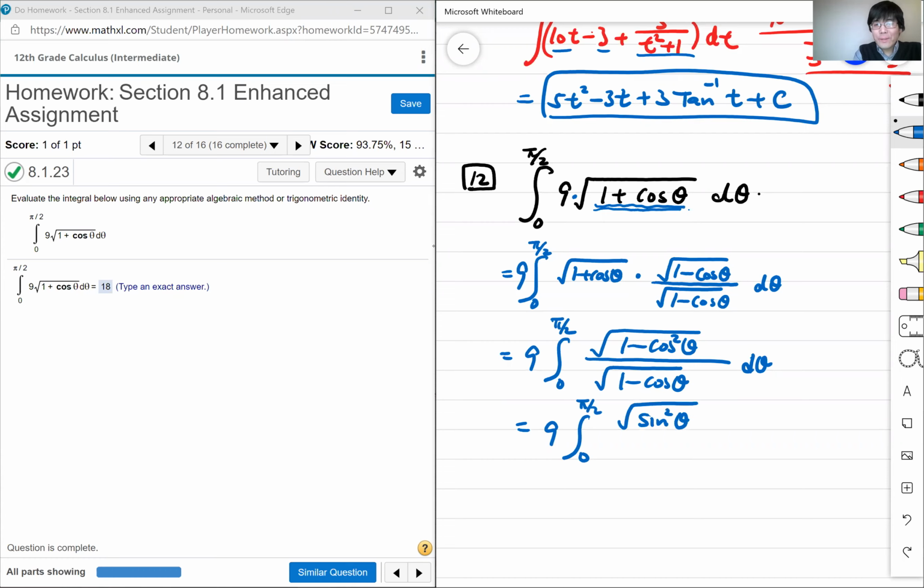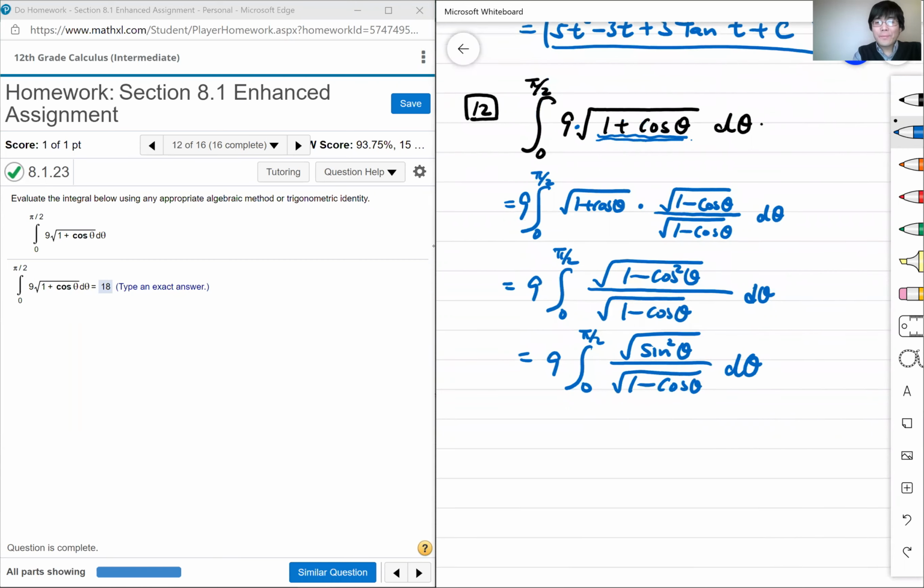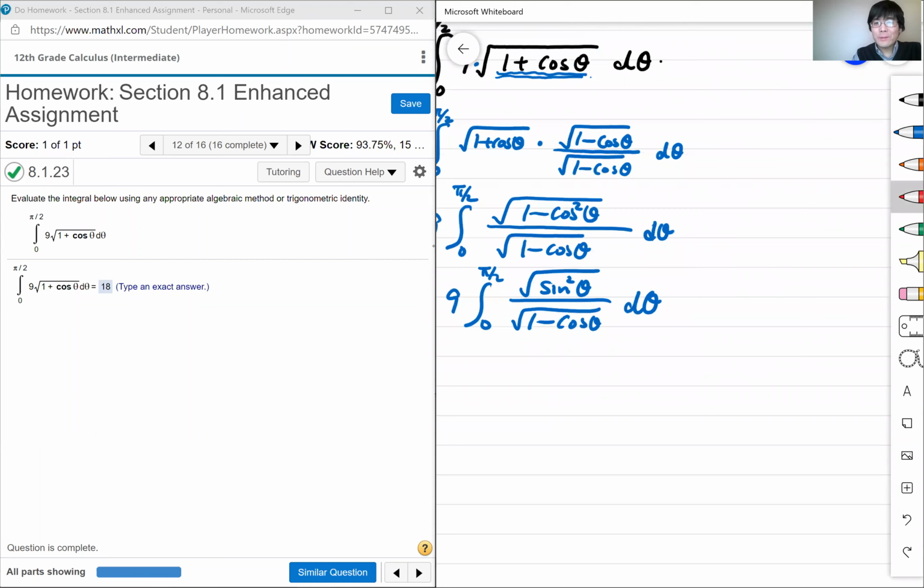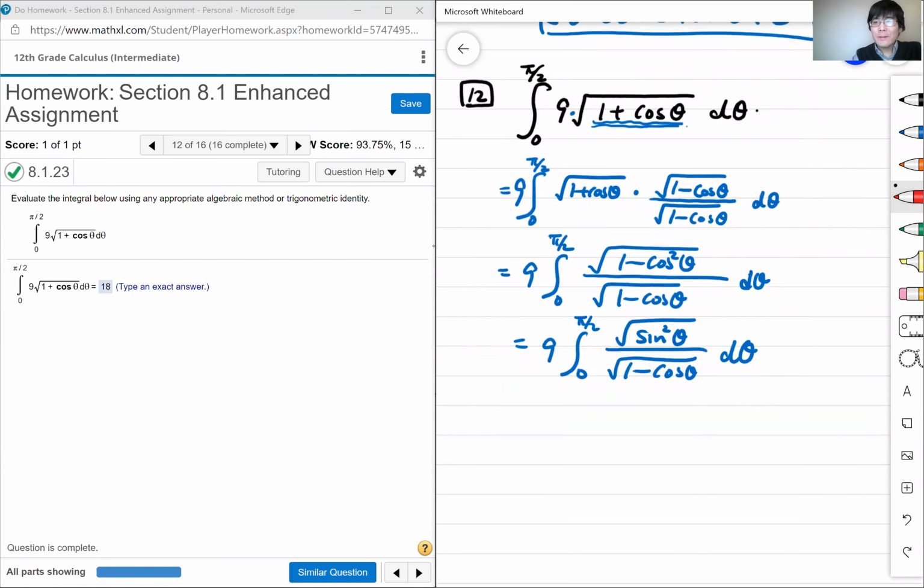So you can get the sine out of the square root sign. Be careful though when you remove the square root sign, that in general, the square root of a square is not equal to a. That's not true. The correct rule is absolute value of a.